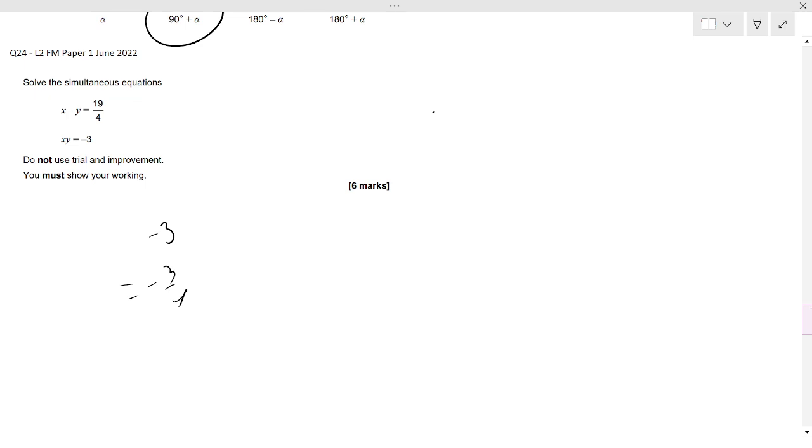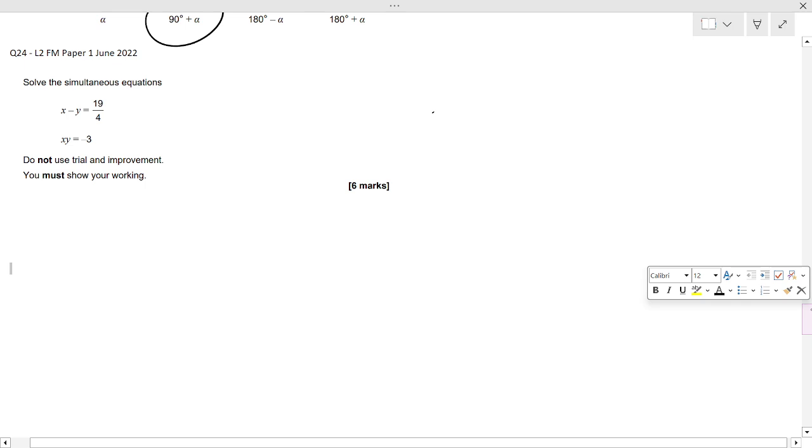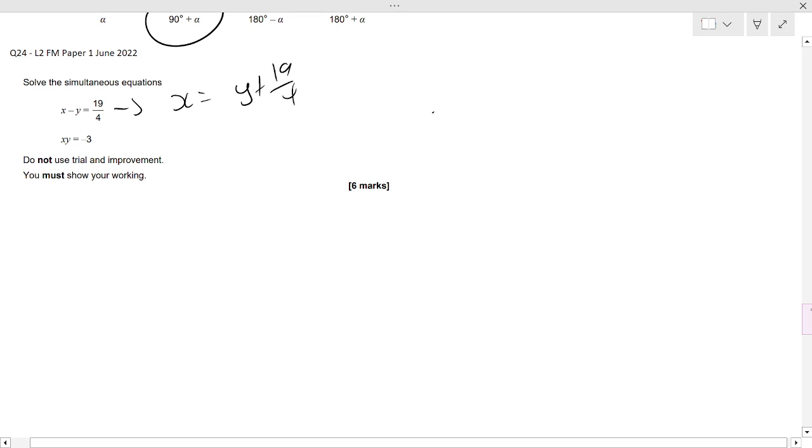But actually, I noticed the top equation is linear. That would be fine if you did it that way, but it'd be a bit messy. So I could then say x is simply y add 19 over 4. That's a lot nicer to substitute in. So therefore, I'm going to sub x into the second equation, xy is minus 3.